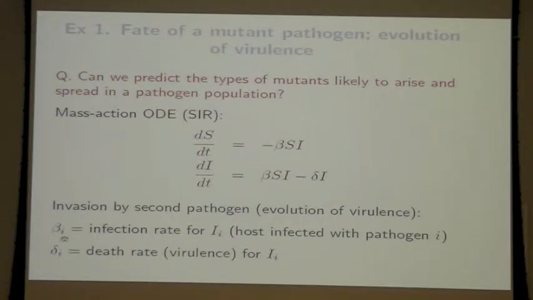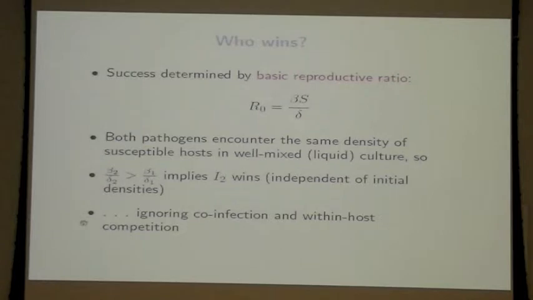Okay, so in this SIR model, a lot of the theory is governed by the basic reproductive ratio. In order for the epidemic to spread, we need this quantity R0 to be greater than 1. Now, if we put 2 pathogens in this well-mixed environment, let's assume that the host is susceptible to both of them, then both pathogens see the same density of host.